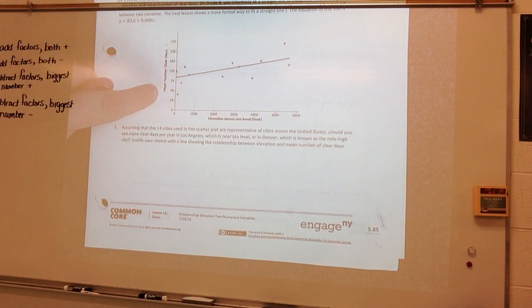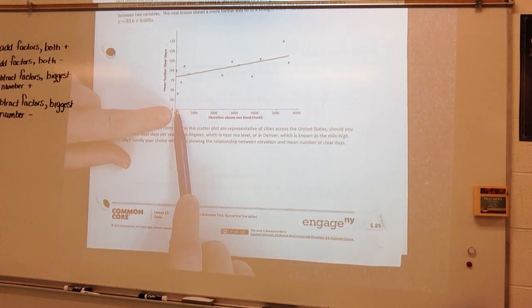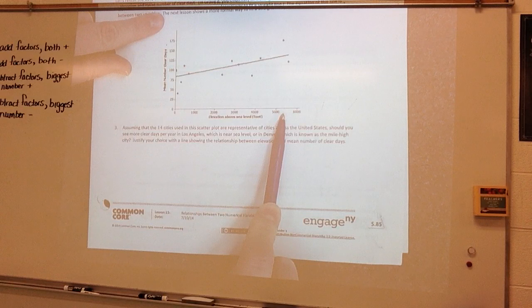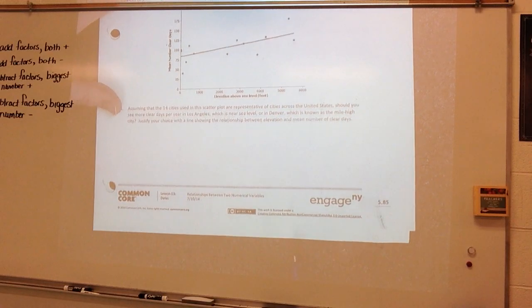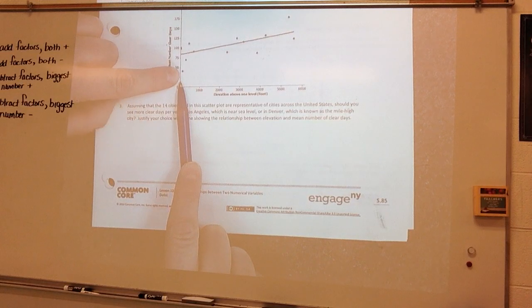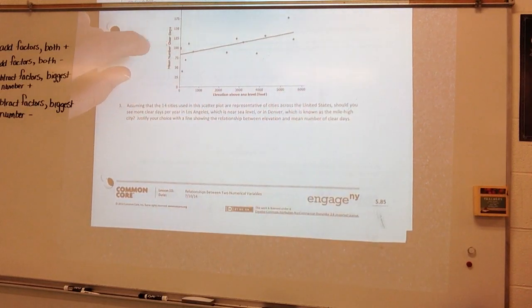Well, if you will look at this, according to our graph, as the elevation increases, so does the mean number of clear days. So if Los Angeles is near sea level and Denver is the Mile High City, that means Denver has a higher elevation, so therefore Denver should have more clear days.